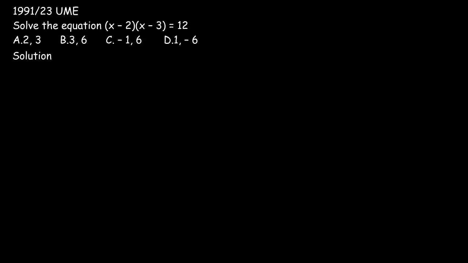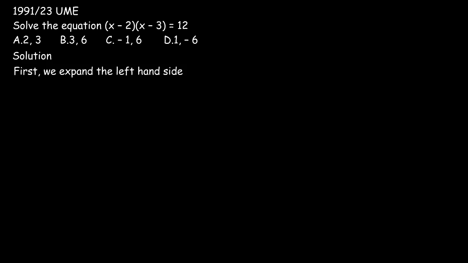We have another question that states: solve the equation (x - 2)(x - 3) = 12, and we're given the options. The way we approach this is that we first expand the left hand side.